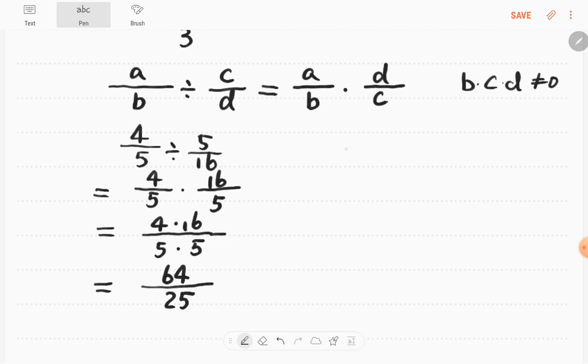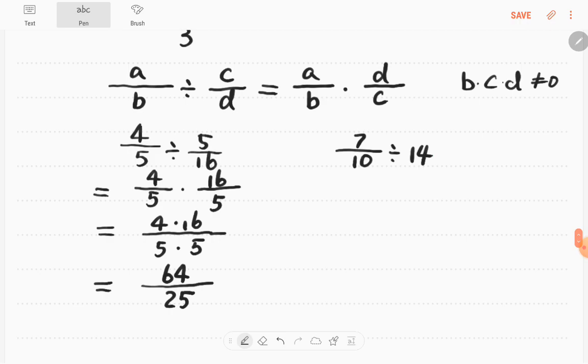And we can check another one. So this time we want to do 7 over 10 divided by 14. So we know we can just follow the same rule, but this time you can treat 14 to be a fraction, like 14 over 1.